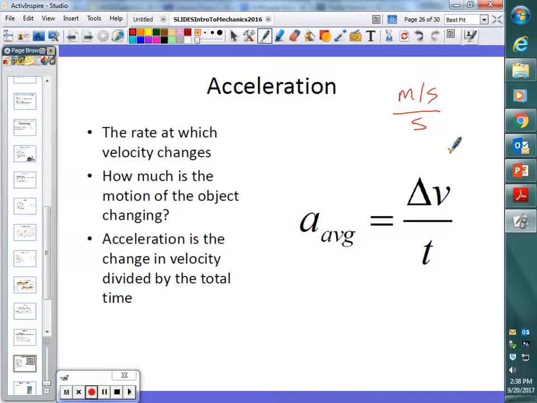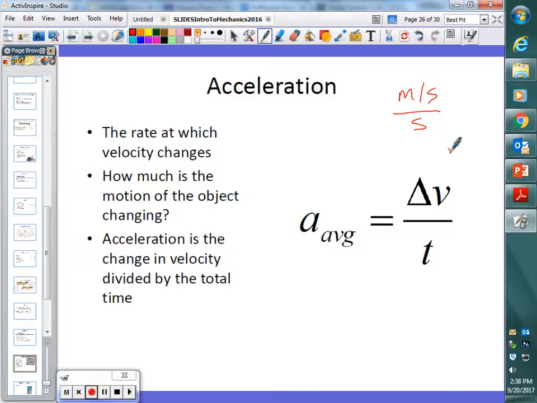But that complex fraction, I think, is actually a better description of what acceleration tells you. Meters per second, how much does the velocity change every second? Does that make sense? Okay.